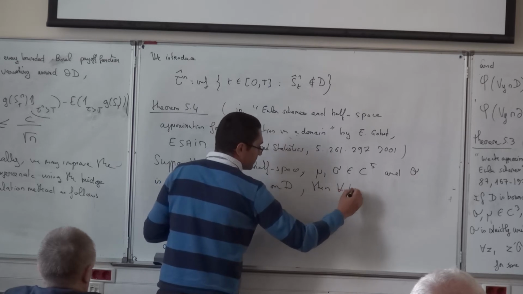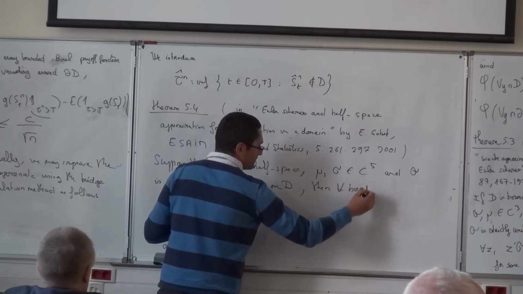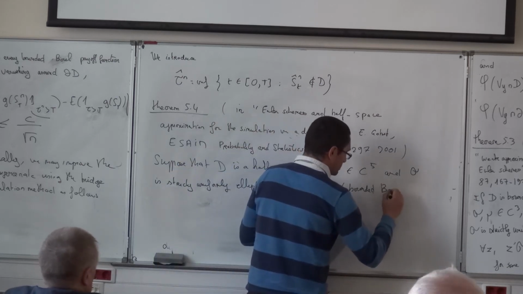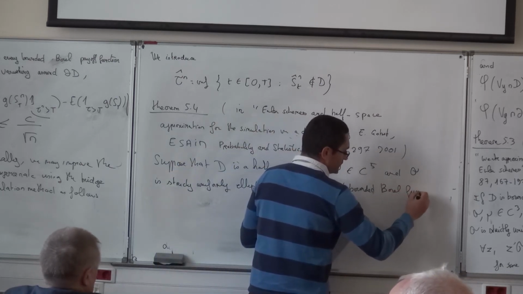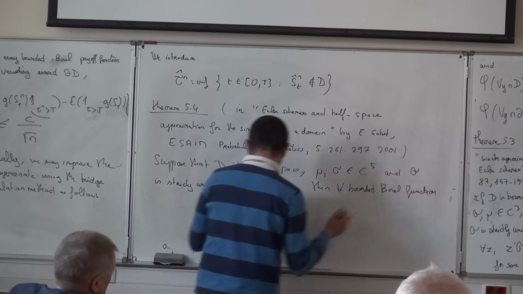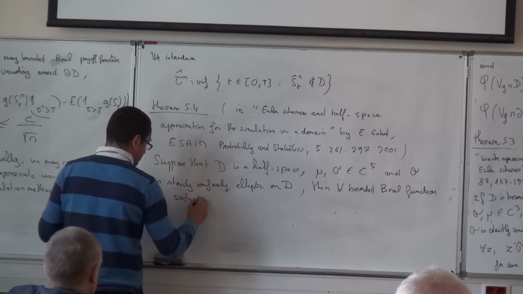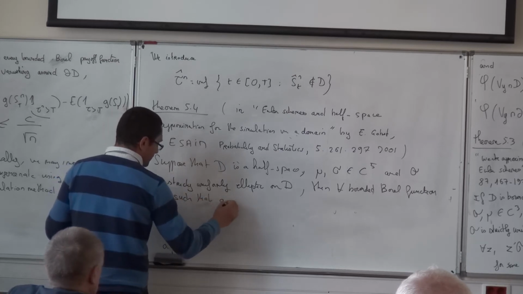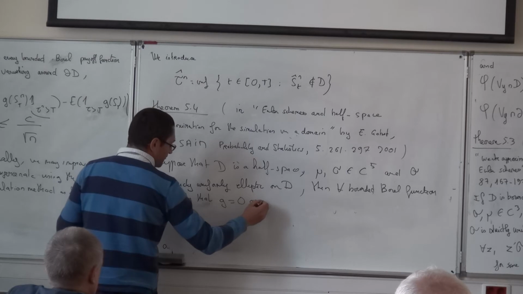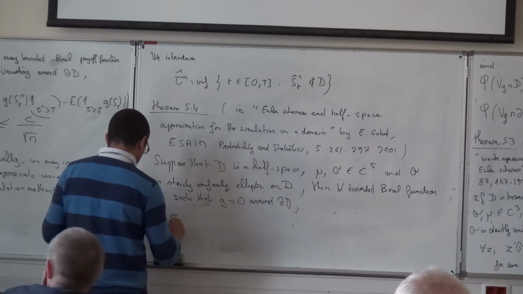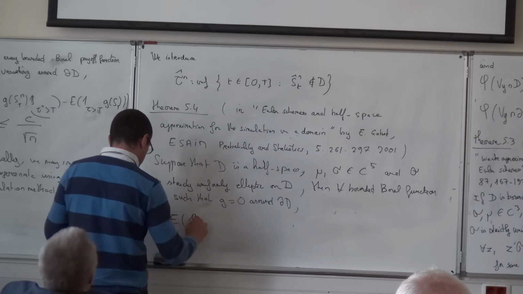Then for every bounded Borel function G such that G equals 0 around the boundary, this time we have this approximation with the indicator function.